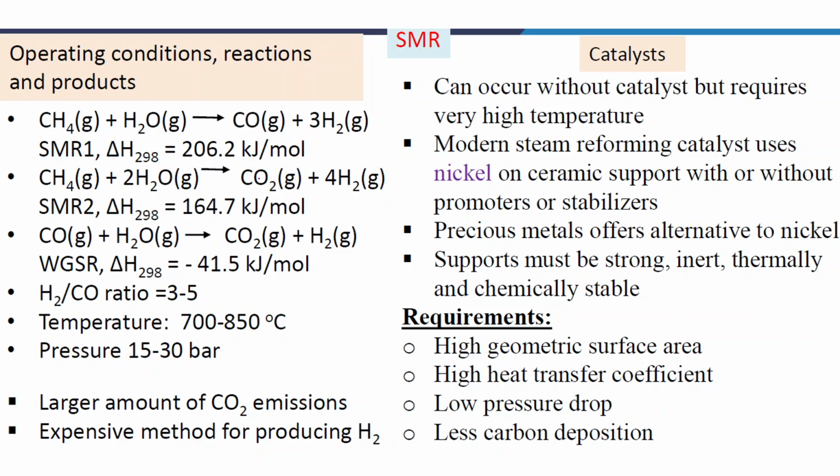As the name itself tells, steam methane reforming: steam is used to reform methane. So basically, methane is taken along with steam, which is basically water. The reaction of steam and methane gives carbon monoxide and hydrogen.